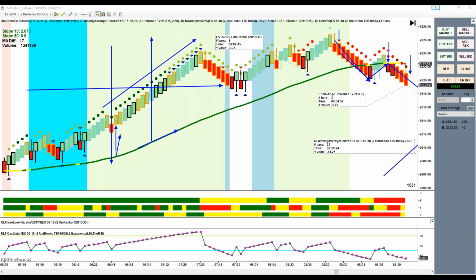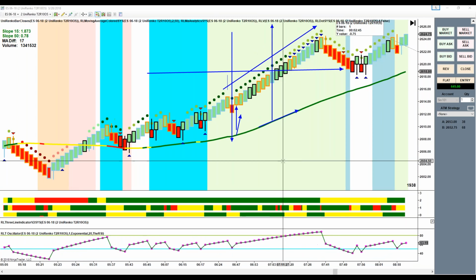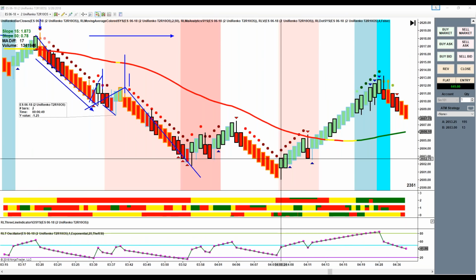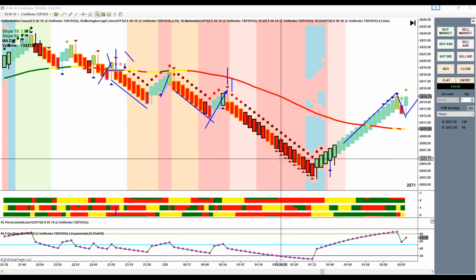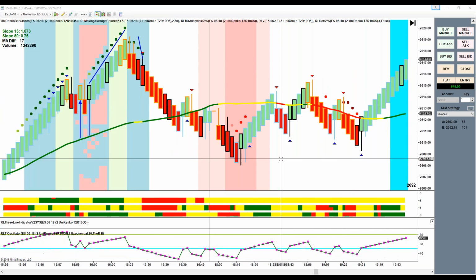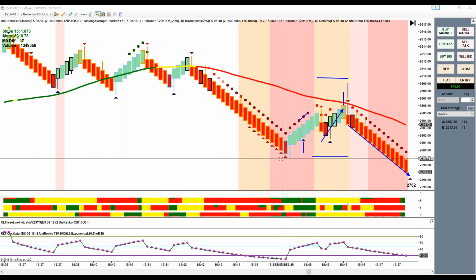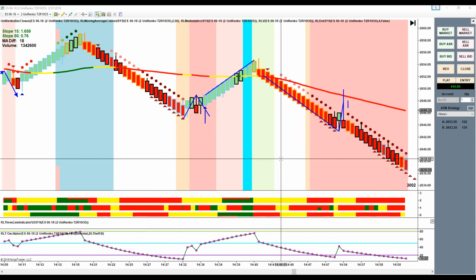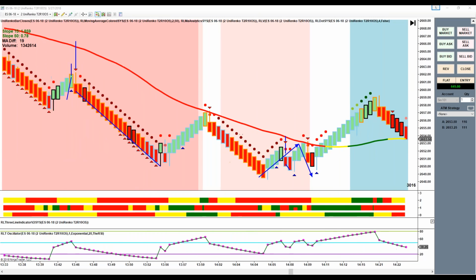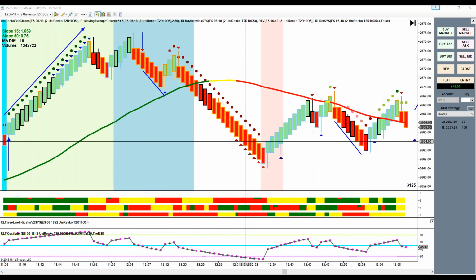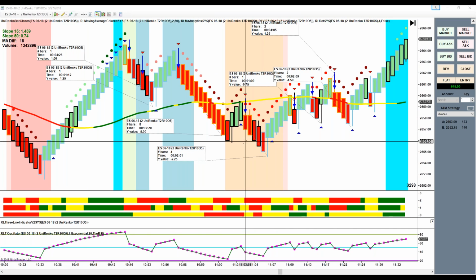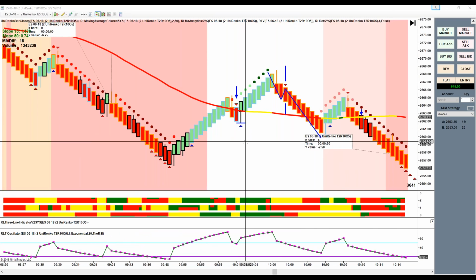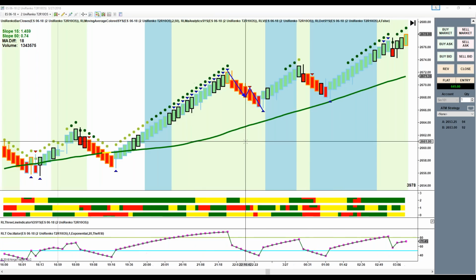Here's the list. Remember, you're going to get a copy of it, so don't worry about it. We're going to put it on a PDF and we'll send it to everyone in the room. They're really excellent guidelines to taking a trade. If you follow them pretty religiously, you're going to sidestep almost every loser on the chart.